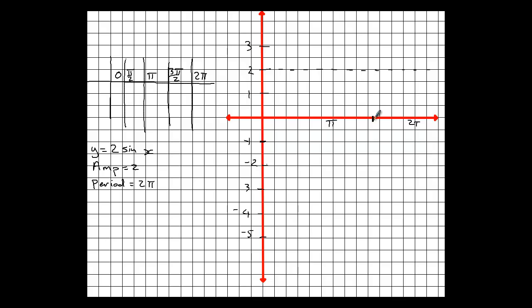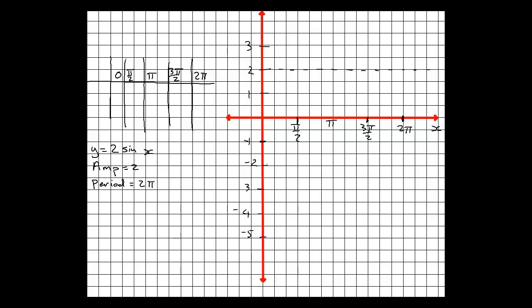So somewhere in here is going to be 3 pi on 2, and that's going to be pi on 2 there. So just get this probably in the right spot. 2 pi can be here. So this is my x line.